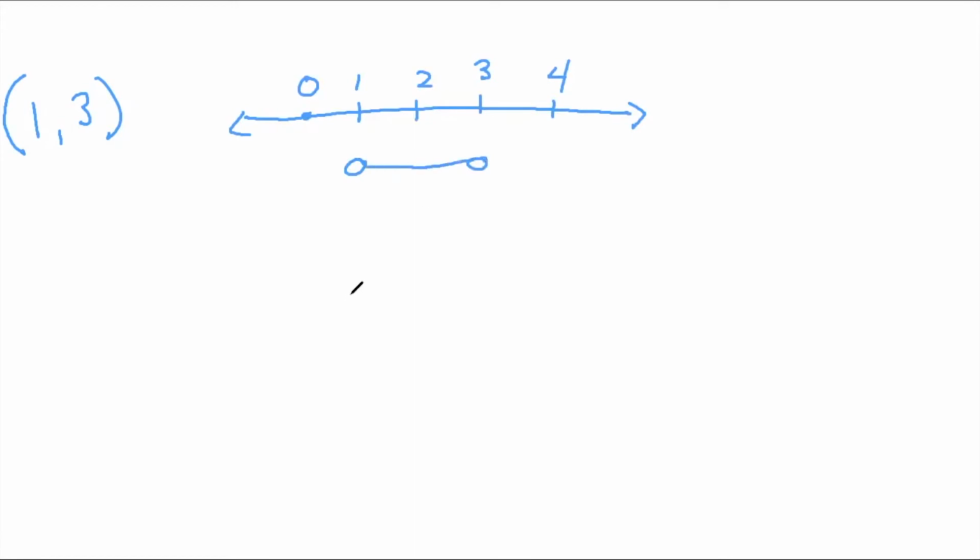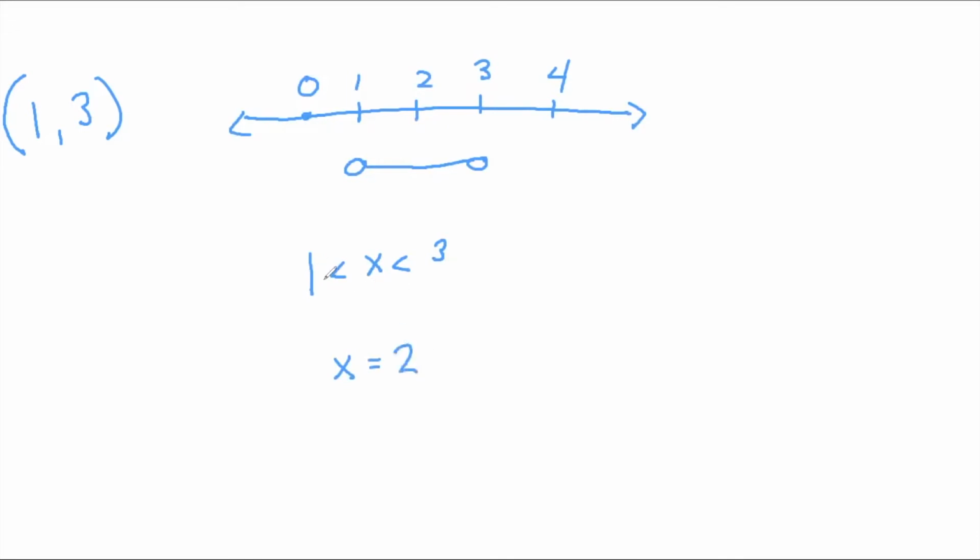And so then going to inequalities, you can have another way to actually show this. With inequalities, you're going to say we want it to be between the values, 1 less than x, which is less than 3. And so what actually does this mean right here? This is basically saying that if you were to pick some value x, let's say x is equal to 2.